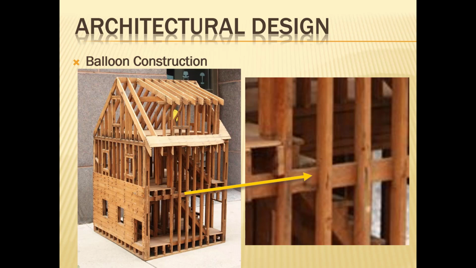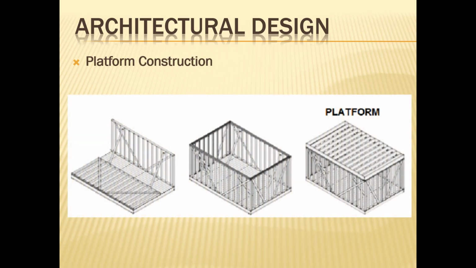So houses today do not use balloon type construction. We prefer to go with what we refer to as platform construction, and there are a lot of advantages to platform construction. Each section of the wall is built on the floor and then lifted up into place.